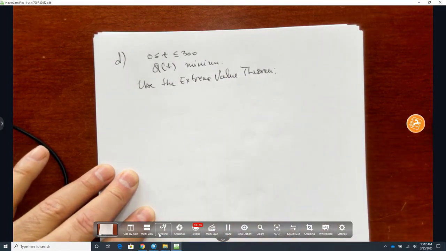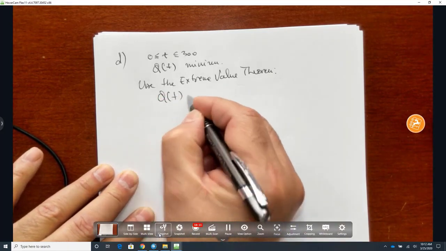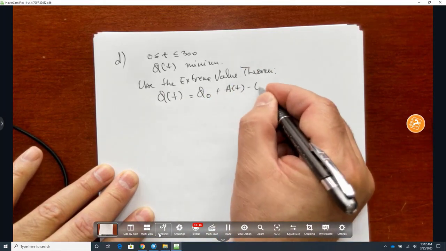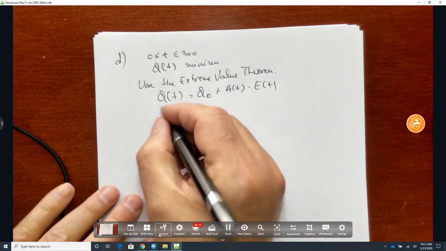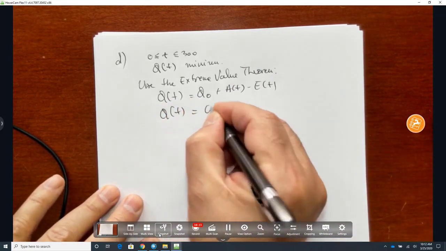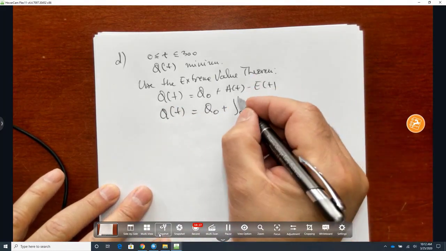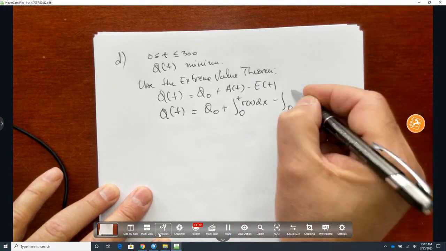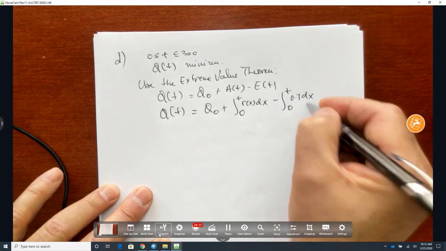Let's see if we satisfy the conditions for the extreme value theorem. We have a quantity q of t, which was defined by, if you remember, q of 0 plus A of t minus E of t. A of t was integral from 0 to t, so let me write it down, q of 0 plus integral from 0 to time t of r of x dx minus integral from 0 to time t of 0.7 dx.